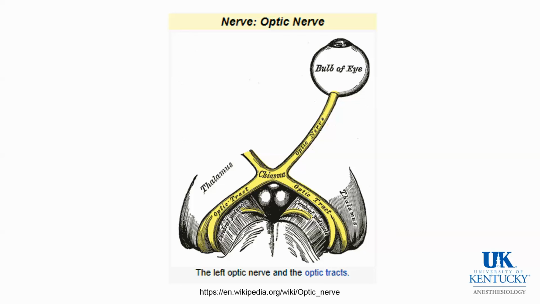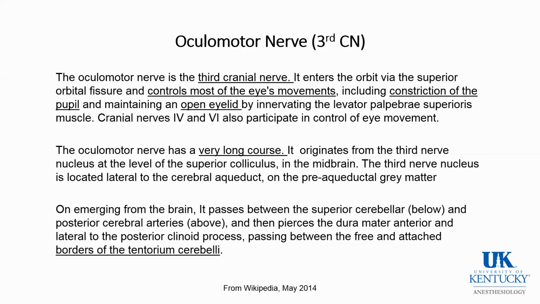The optic nerve, of course, is critical to vision, and this depicts its gross anatomy. The oculomotor nerve has control over the pupil and most of the extraocular muscles, as well as the levator palpebrae, which keeps the eyelid open.